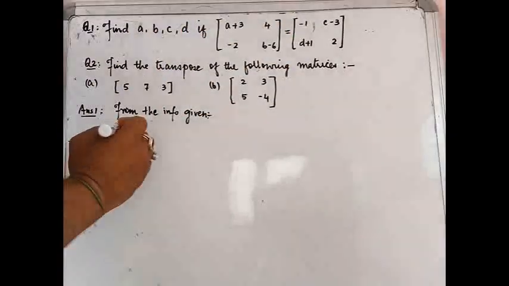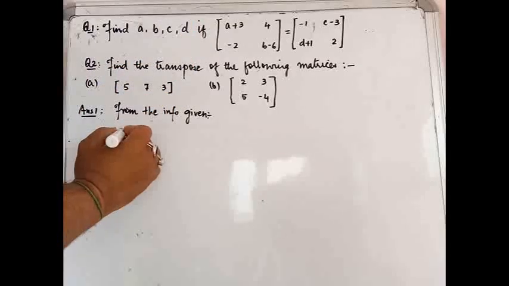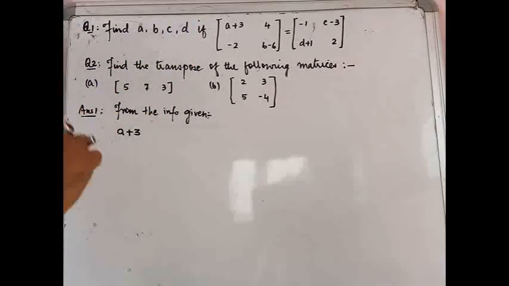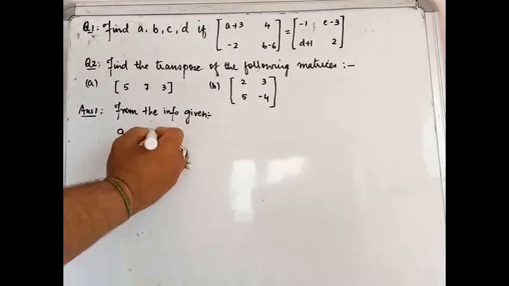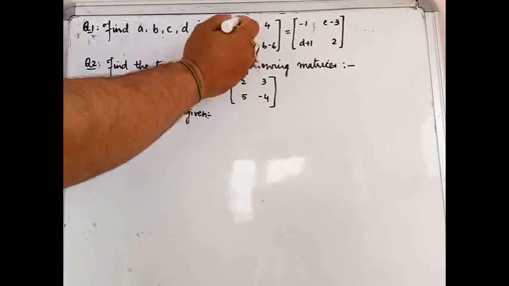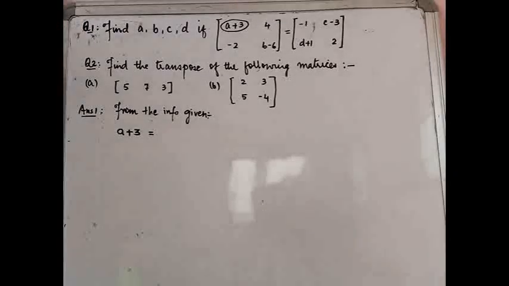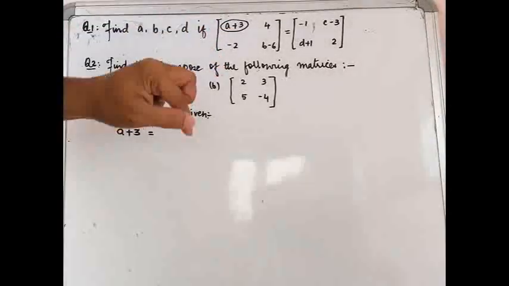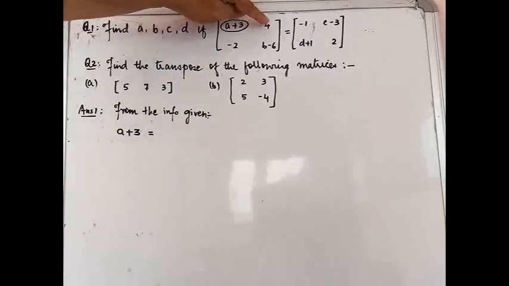Okay, so if these two matrices are equal, their individual elements which are corresponding will also be equal. So if you select the very first entry of the first matrix, first entry means select the first row, select the first column. Okay, so this is the element which is present in the first row and the first column.